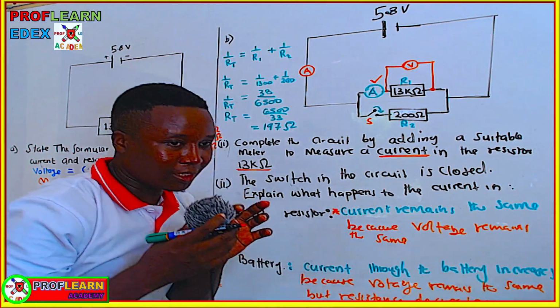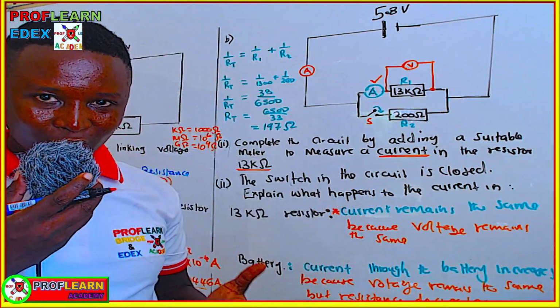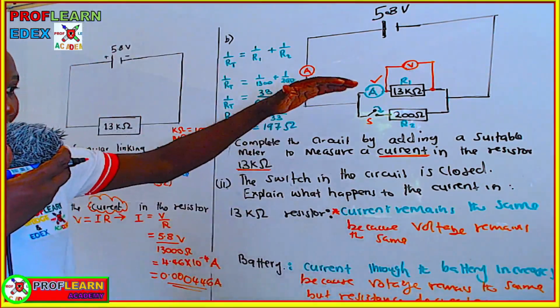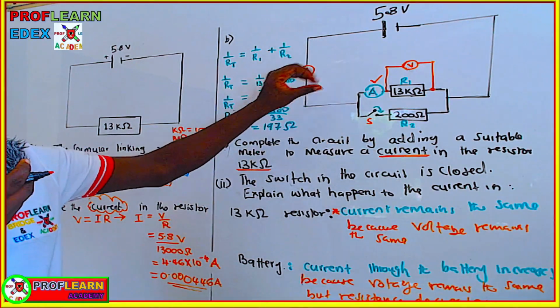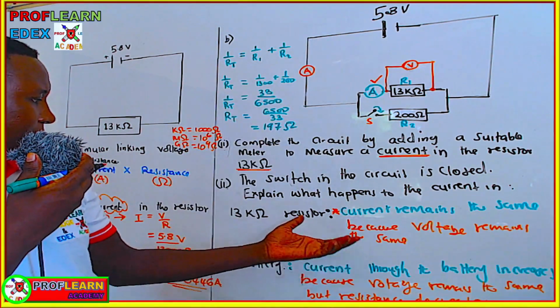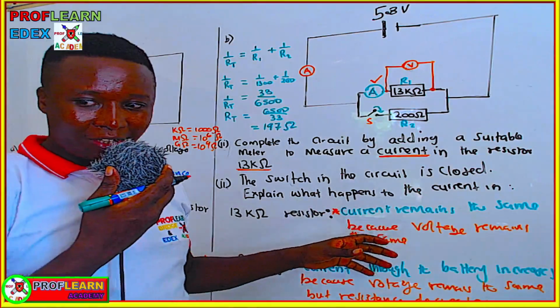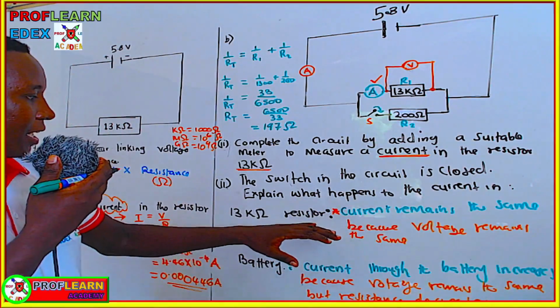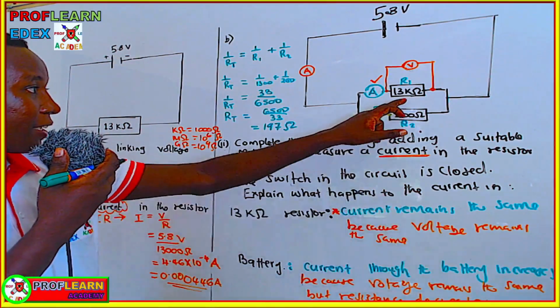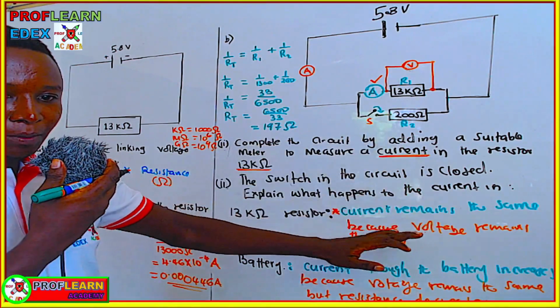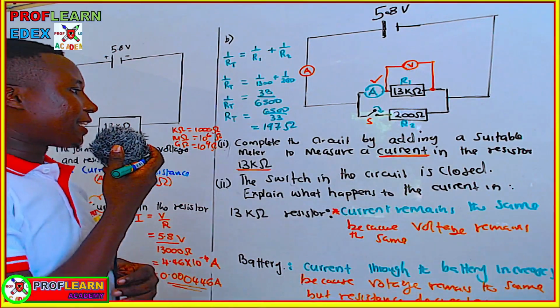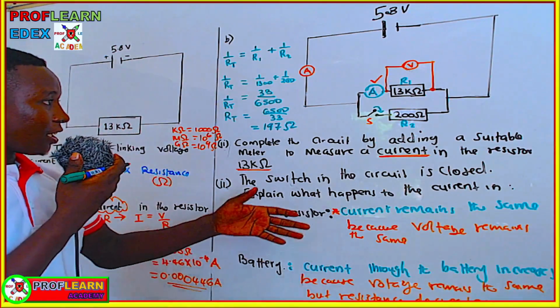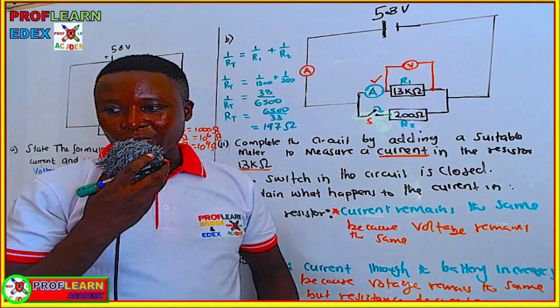When resistance decreases, more current is going to flow through that battery. But since in this section the voltage and the resistance are the same, the current through the resistor is going to remain the same.